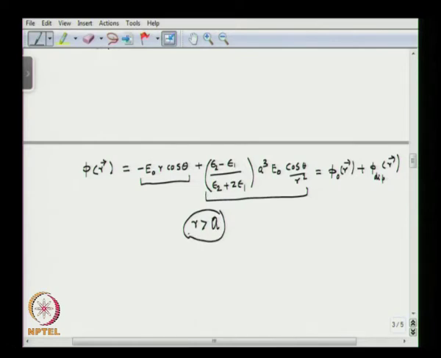Okay. Now we have another solution when r is less than a.